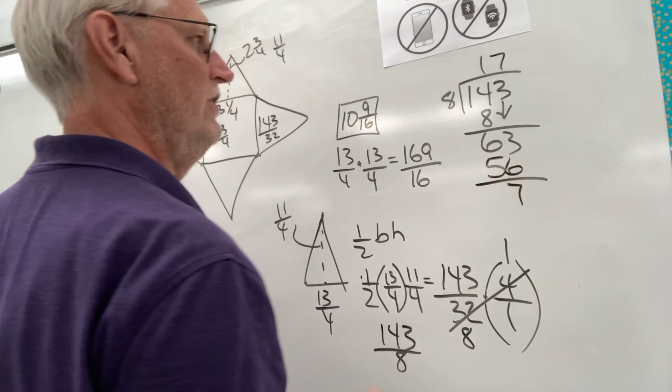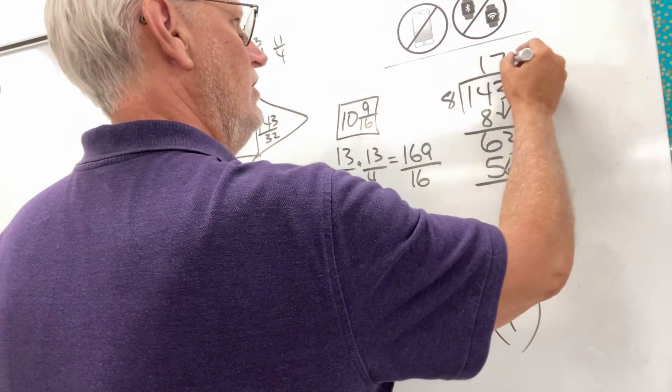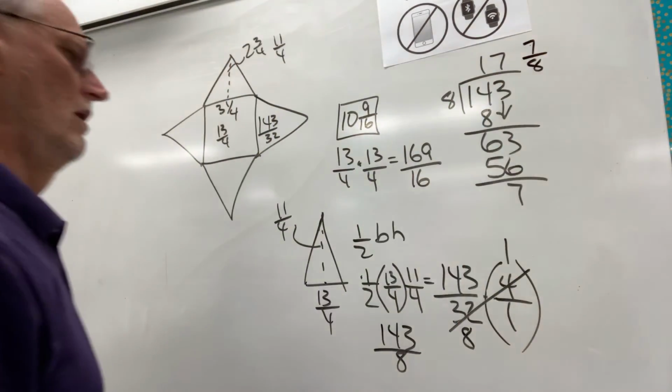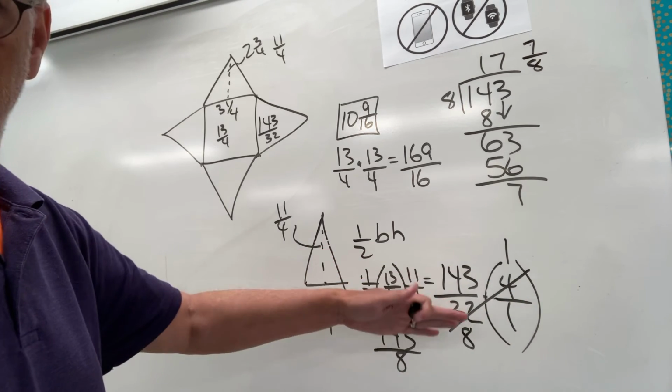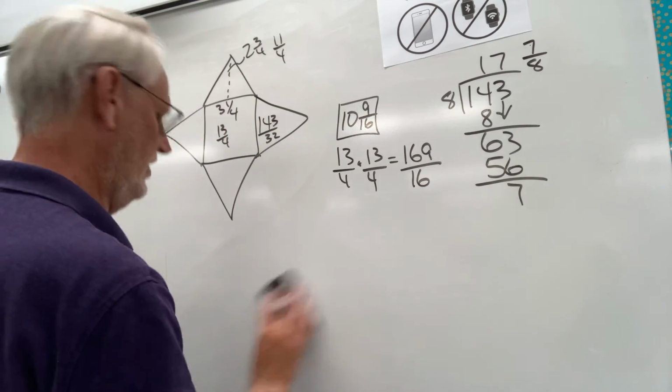Subtract, you get 7. So the answer for all 4 of these is 17 7/8. If you need to copy this down, you have to stop the video and get that. I'm going to go ahead and erase this.